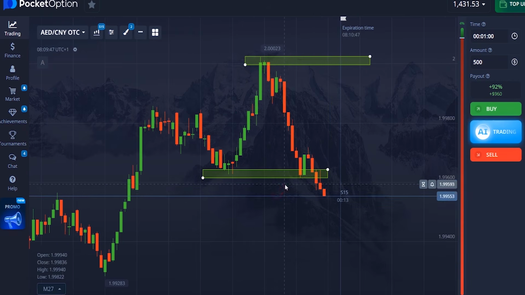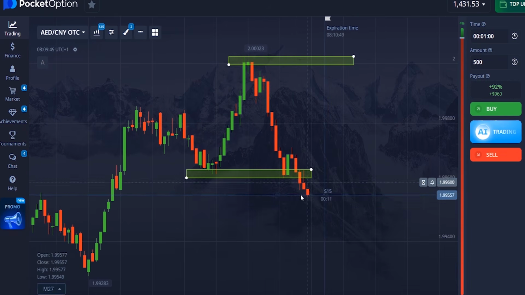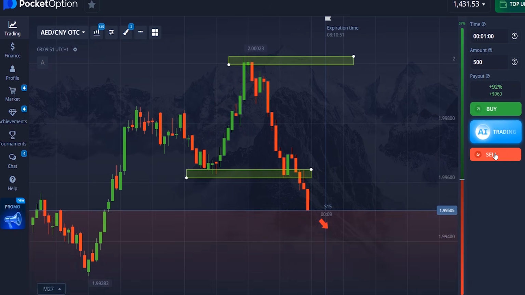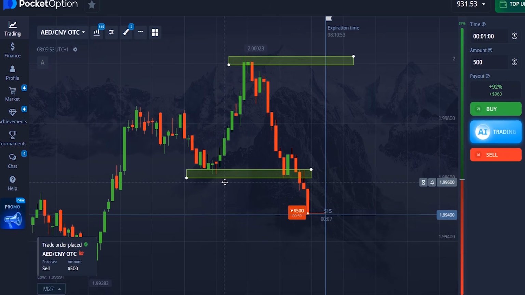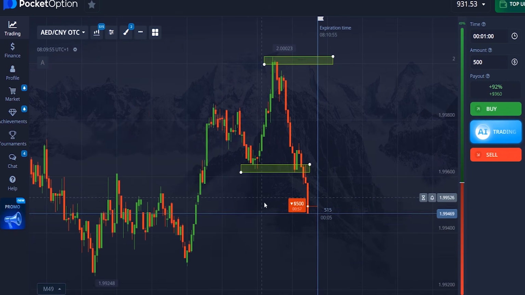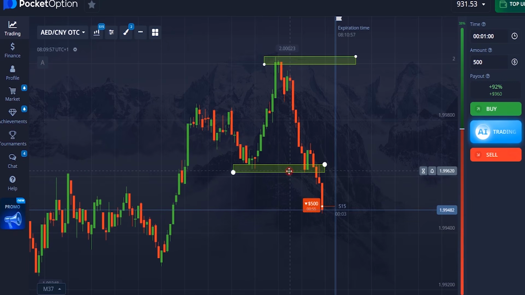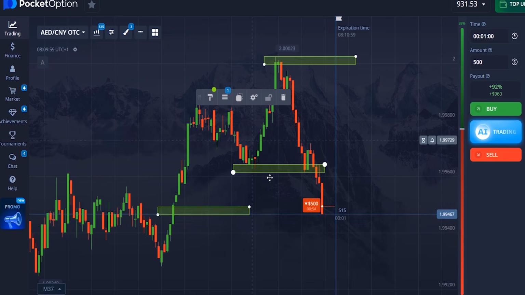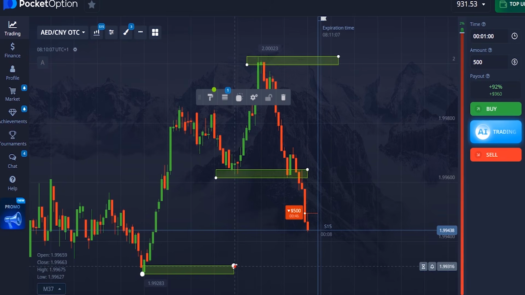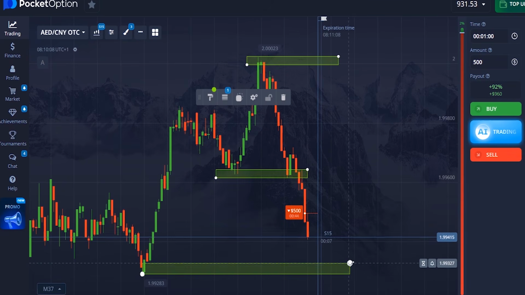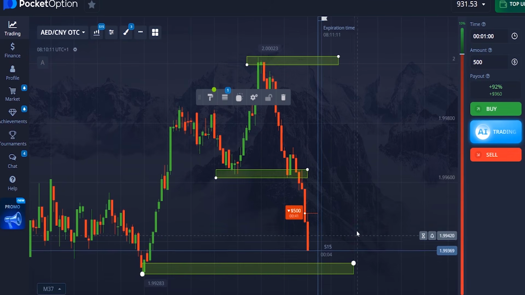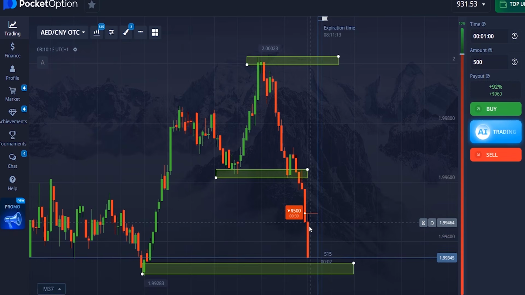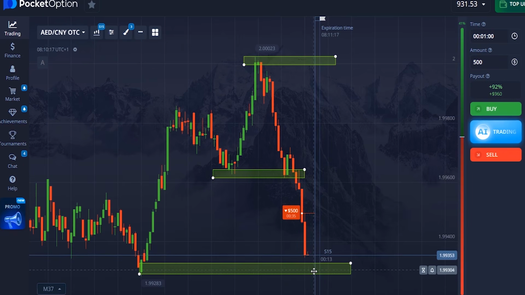So basically this might be a continuous move, and the reason why I go for this is because I also realize that this is another support zone. So basically the market might actually get rejected from this particular point.